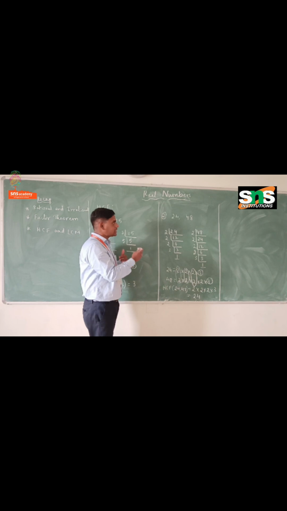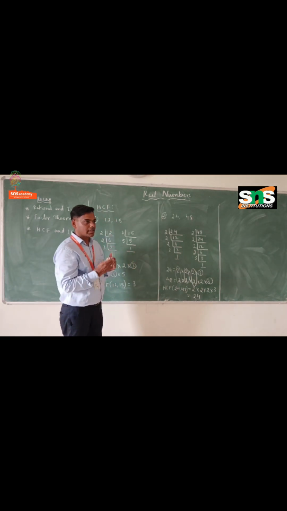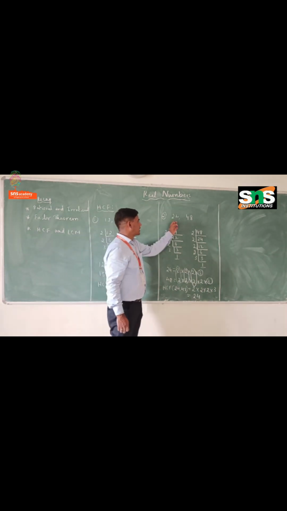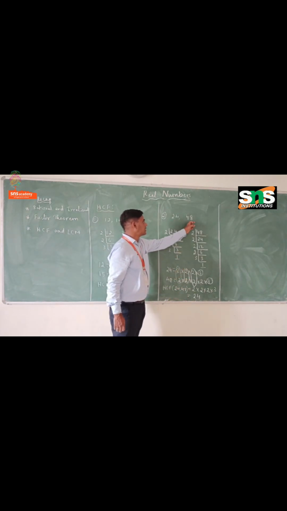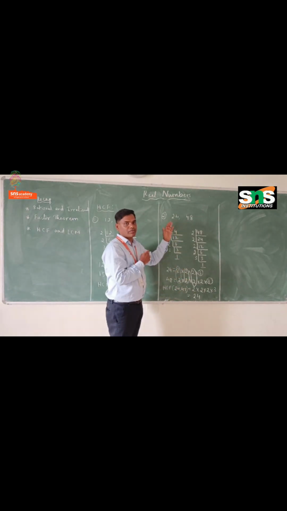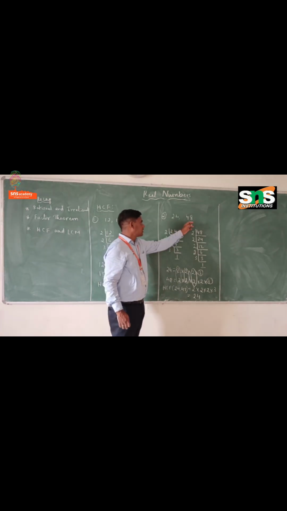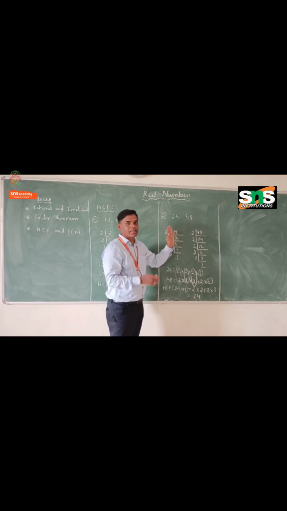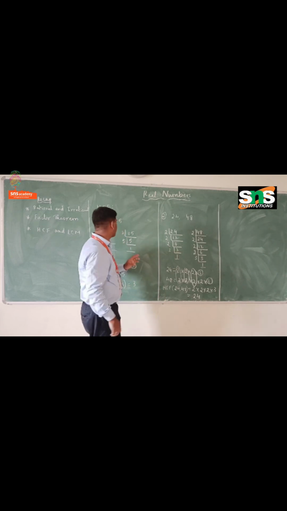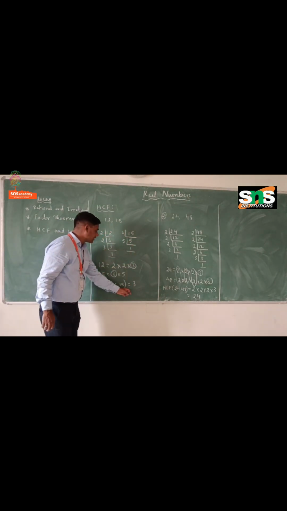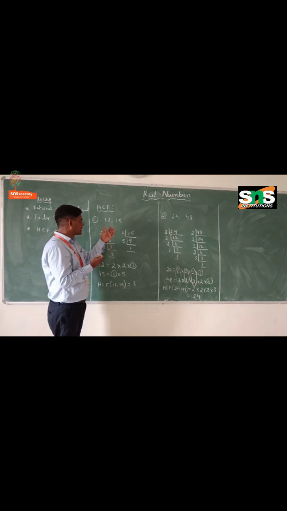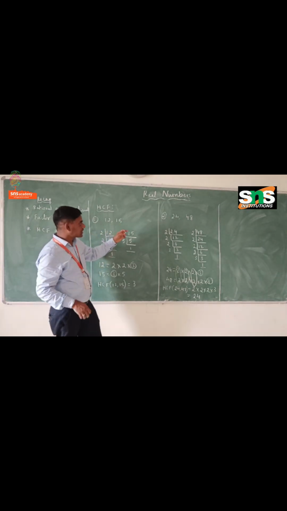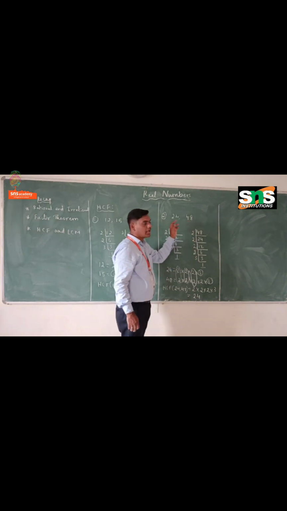Always remember that the HCF value will be smaller than the given two numbers, or else equal to one of them. Comparing to this, it will not be more than 48; it will be 48 or less. Here also the same: we got 3, which is less than 15, the greater value.